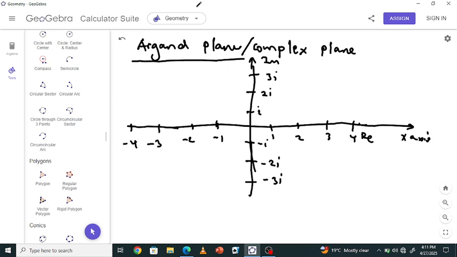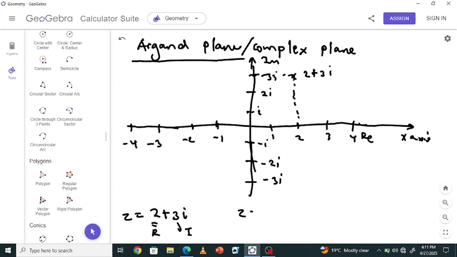Now we have two examples. We are asked to represent z is equal to 2 plus 3i on the Argand plane. So 2 is the real part, and 3 is the imaginary part. Now we will come here. We have +2 and we have 3, and at this point is where we have our point 2 plus 3i.